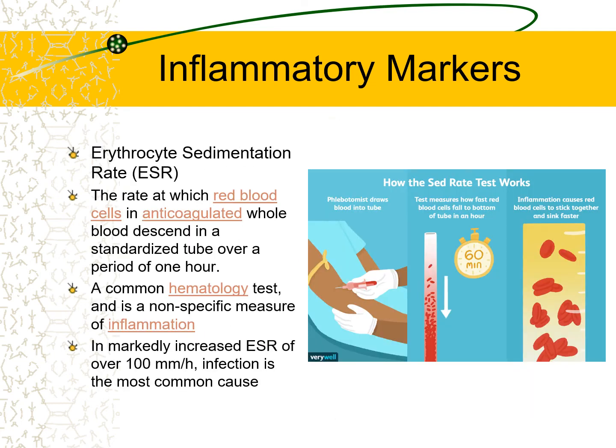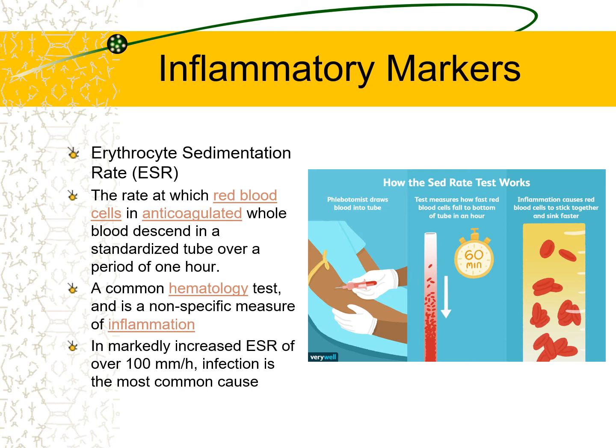So this slide is going to talk about the erythrocyte sedimentation rate, or ESR. This too is a general marker of inflammation. The ESR is a hematology test. That's the lab department that will run the test. Again, it is non-specific. In other words, it's very generalized.